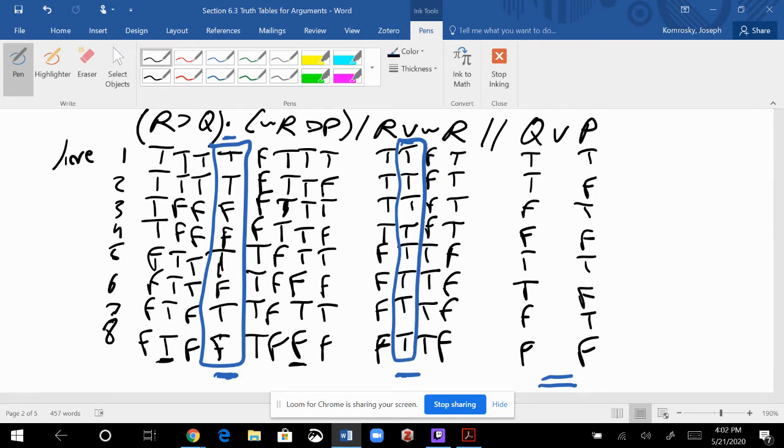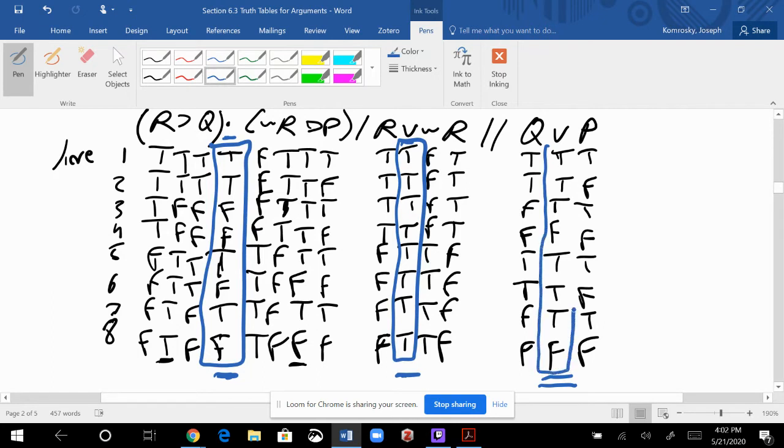So let's say both sides have to be, so at least one side has to be true. All right, now we go across.